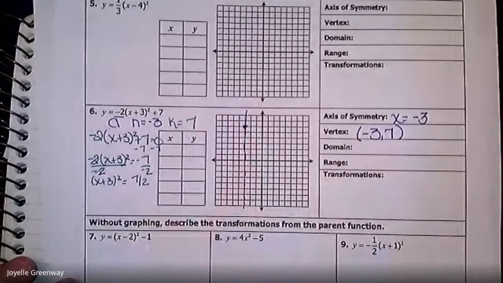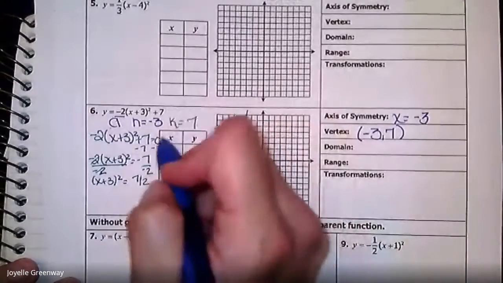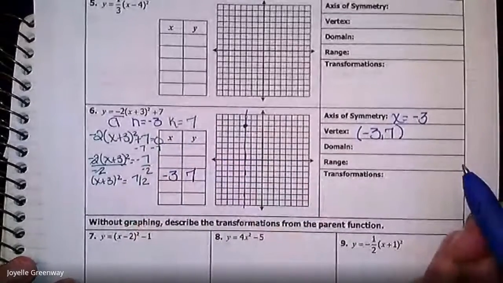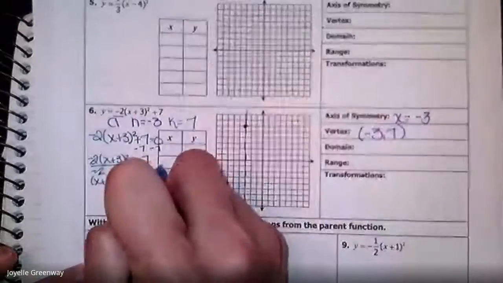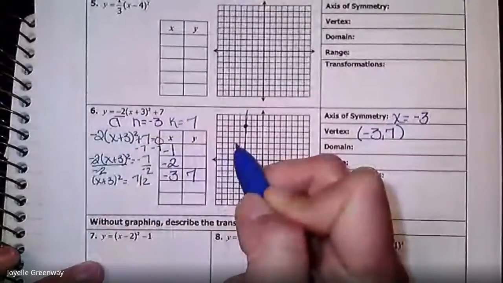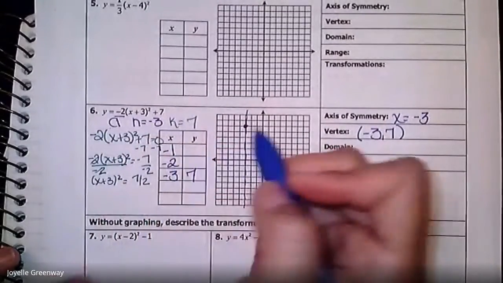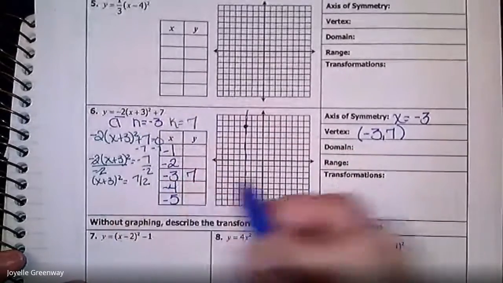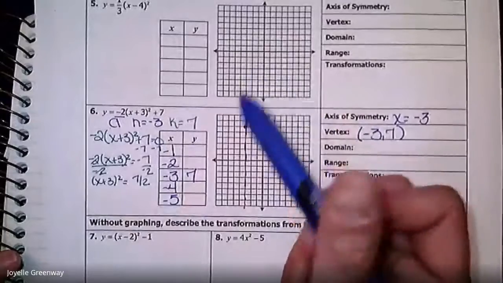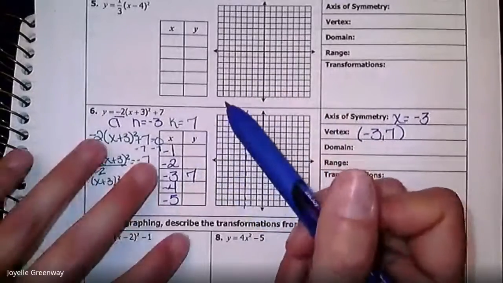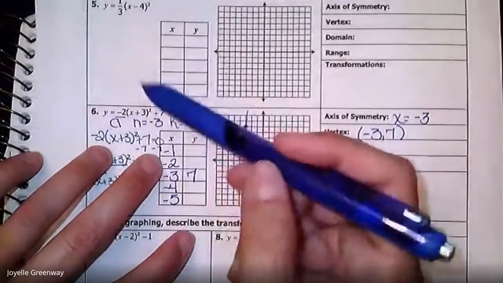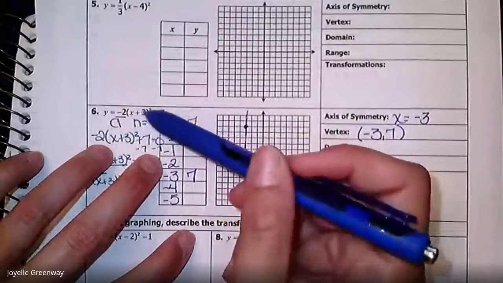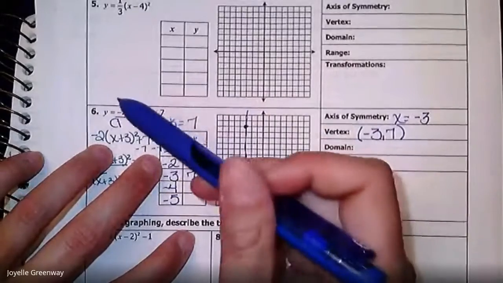So what I am going to do is put in my vertex, which is negative 3, 7. And then I'm going to go -2, negative, oops. Yeah, I guess it doesn't matter which way we go, right? It doesn't really matter. Okay, so -1, if I substitute in a -1, plus 3 is 2. 2 squared is 4.